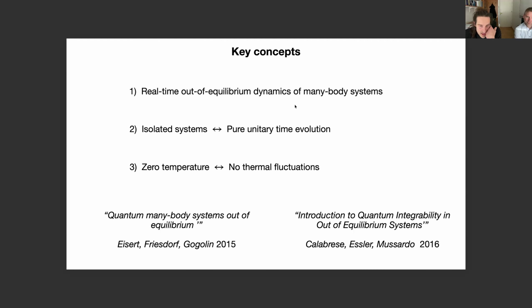The reason for this is connected again with what I said at the beginning, that thanks to experimental advances and developments, people have actually been able to simulate this closed system with a nice level of accuracy.